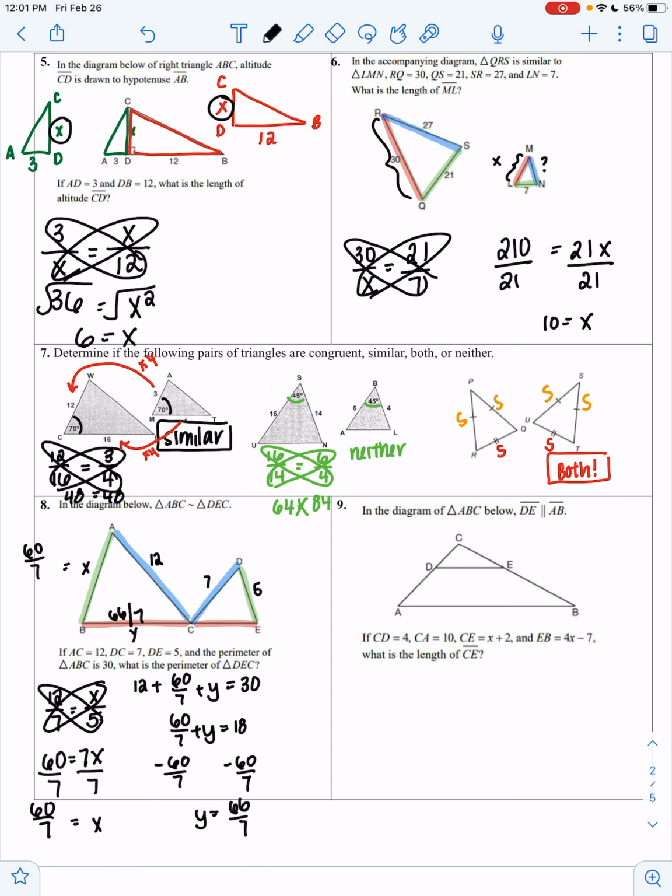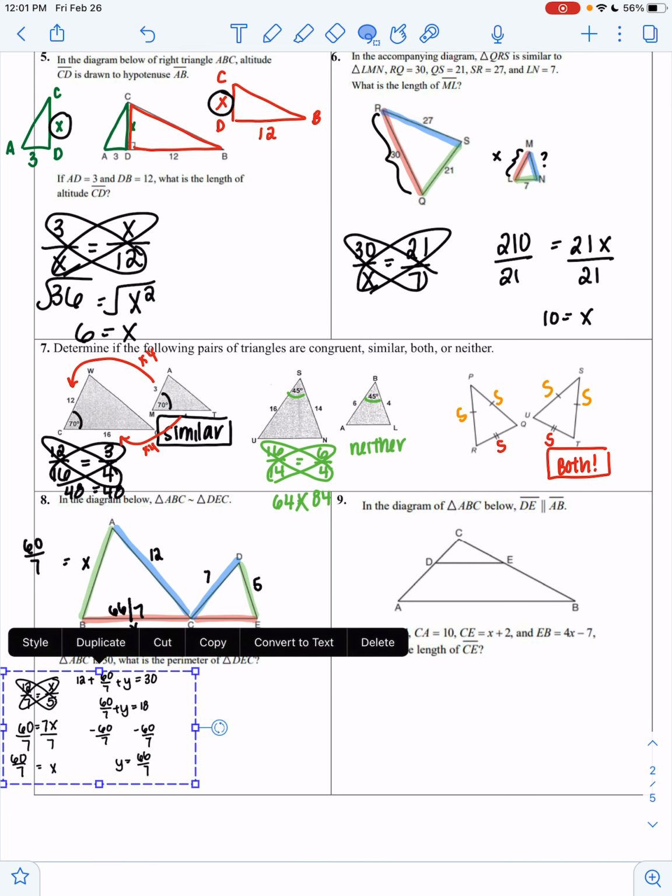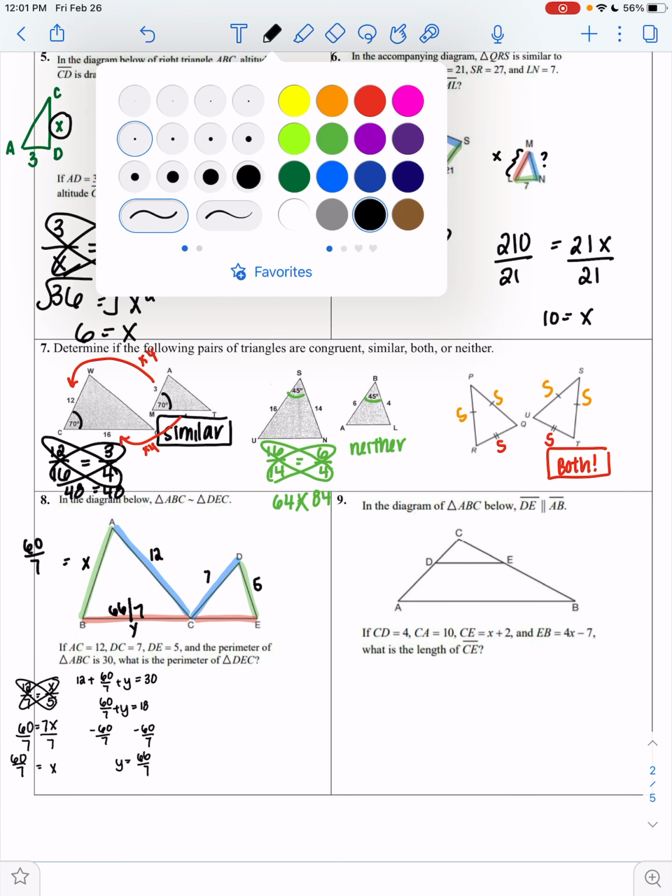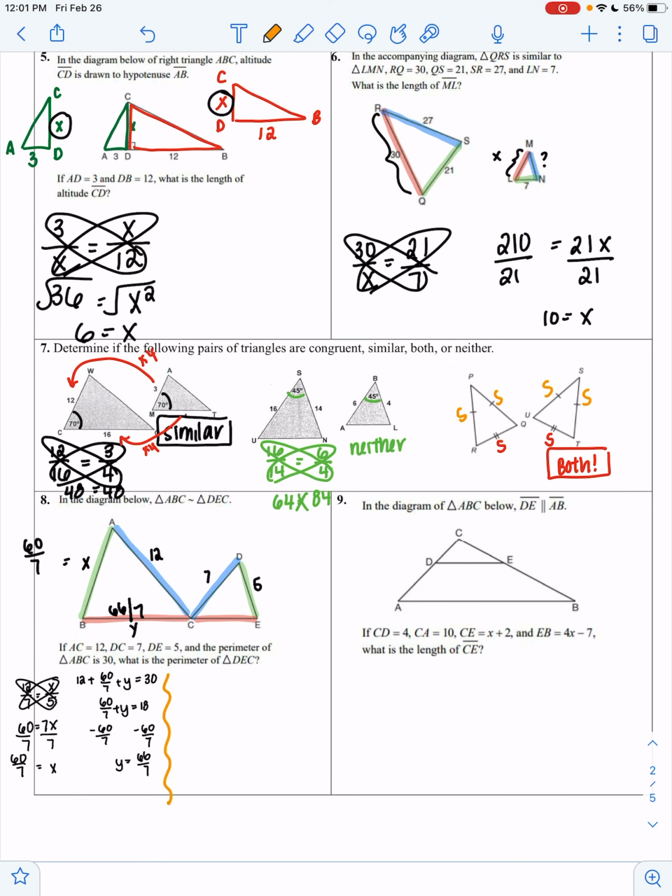Okay, so this time we're going to set up the ratio again. I'm going to set up my blues. So 12 over 7 is equal to 66 over 7 over, let's call this Z. All right, let's cross multiply. I get 12Z is equal to 66 over 7 times 7, which is just 66.